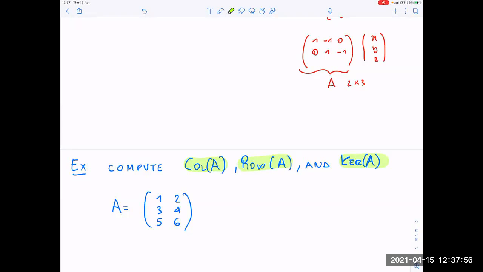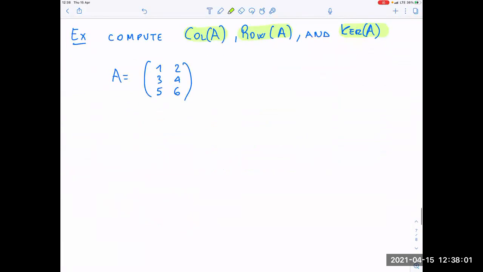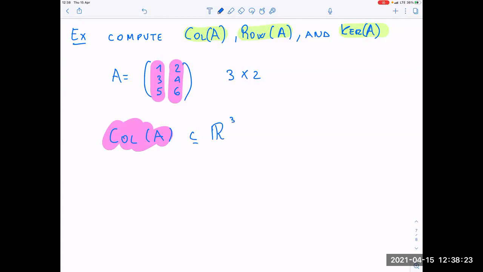Okay, so let's have a look at what you are suggesting in the chat. So this matrix is 3 times 2. So I just do one step at a time. So the column space of A is made by the columns. Since the columns are vectors of length 3, this is inside R3.